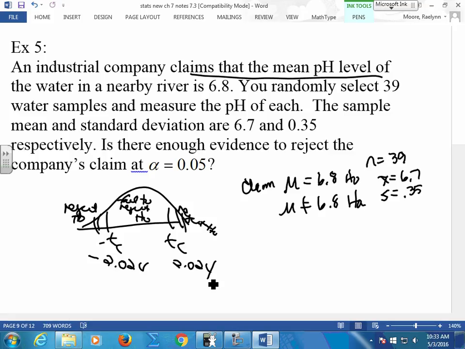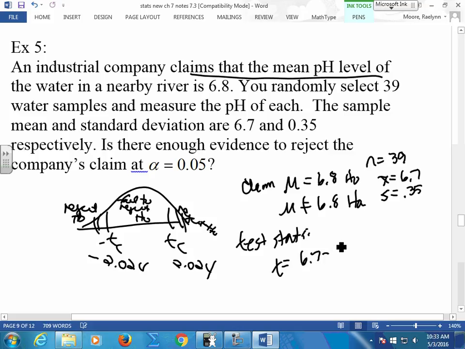All right, now we're going to test. We're going to find your test statistic. Take your sample mean minus your population mean, divided by your sample standard deviation, divided by the square root of n.